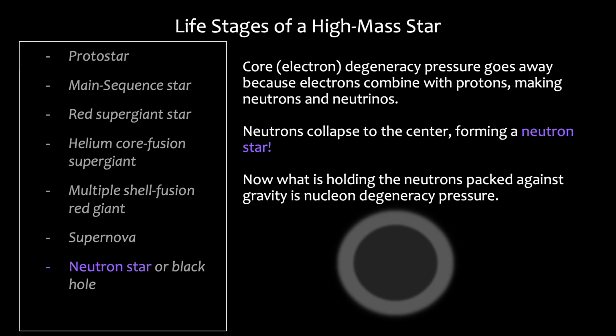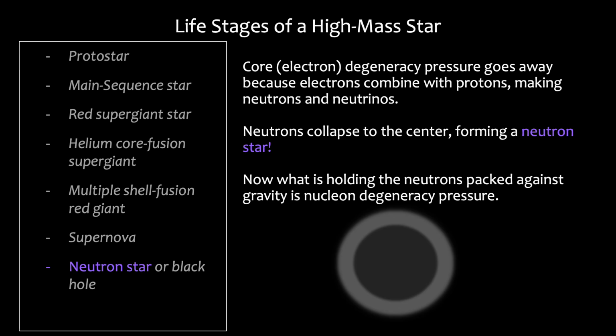We also discussed that this electron degeneracy pressure works up to 1.4 solar masses, which is known as the Chandrasekhar mass limit. No white dwarf can be larger than 1.4 solar masses, because beyond that, electron degeneracy pressure will not be able to hold against gravity.